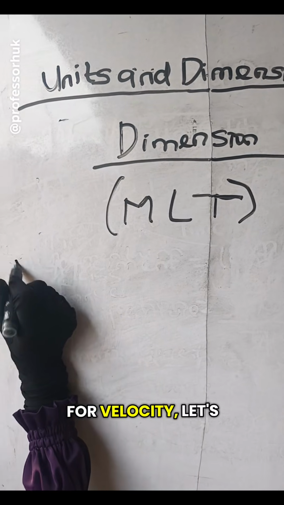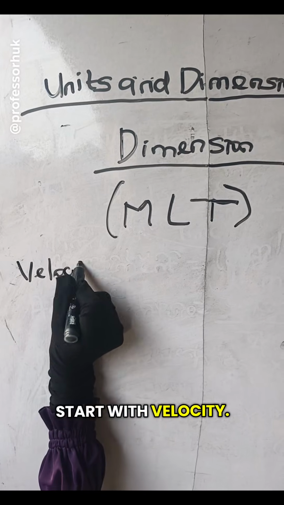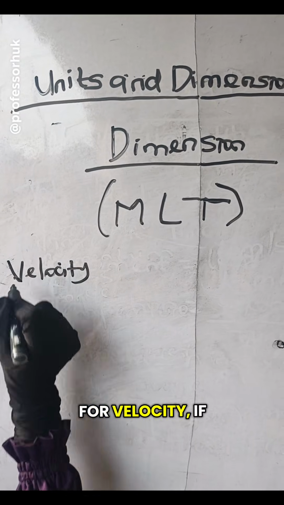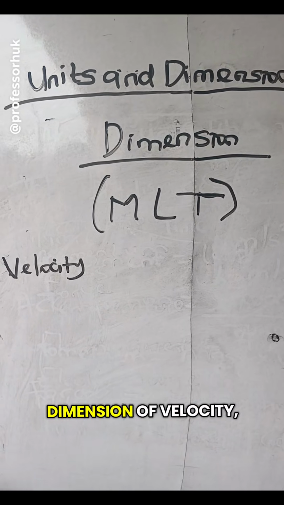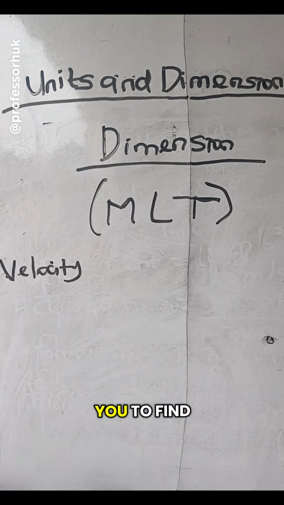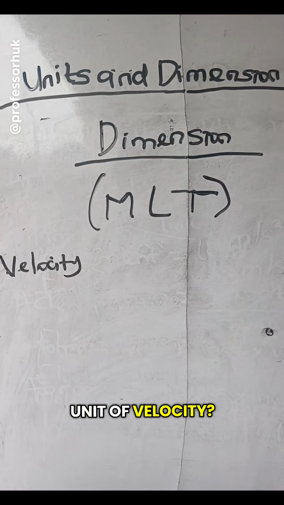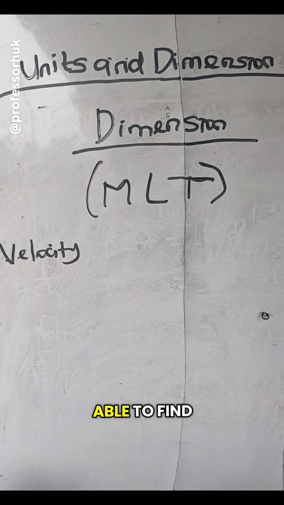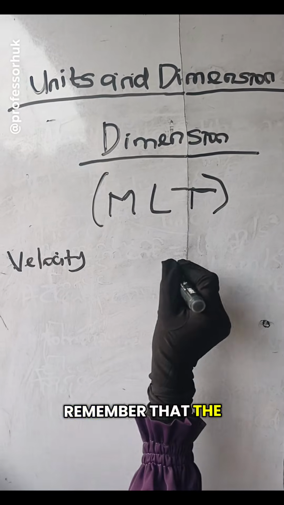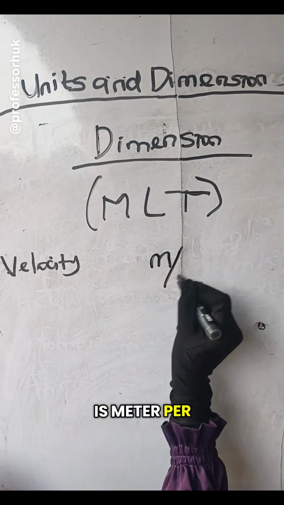Let's start with velocity. If you are asked to find the dimension of velocity, the first thing you are going to do is ask, what is the unit of velocity? You must know the unit before you can find the dimension. Remember that the unit of velocity is meter per second.